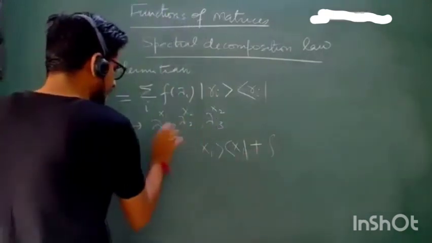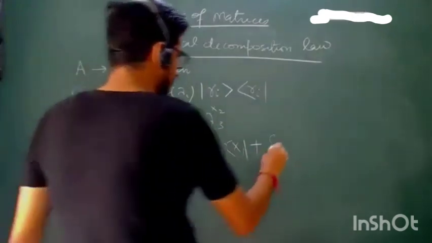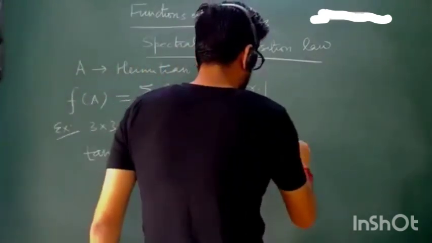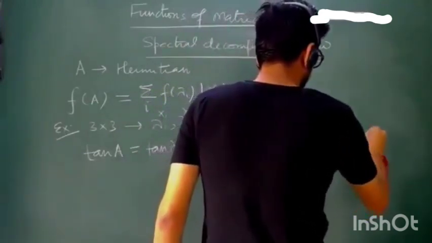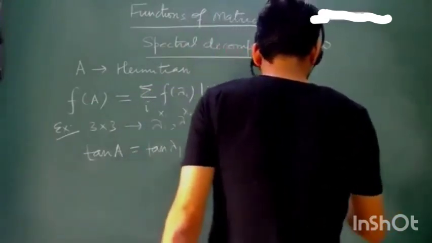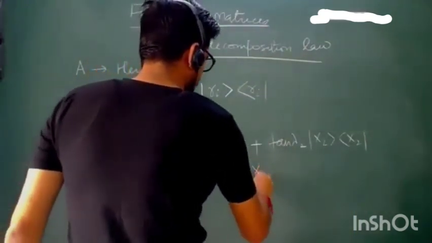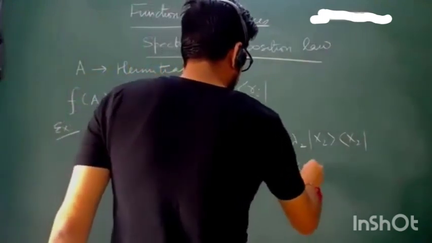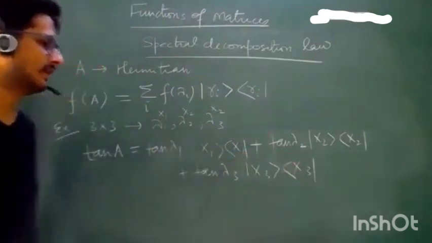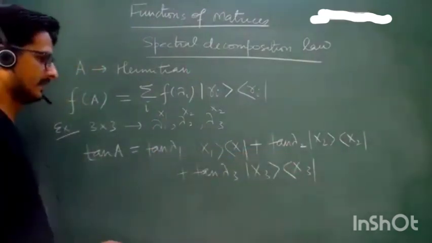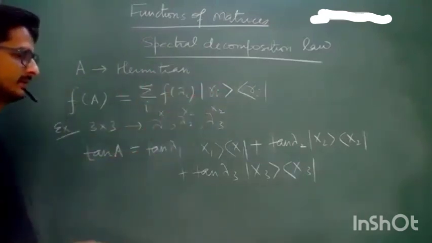And here let me write tan of lambda 1 x1, then tan of lambda 2 x2, plus tan of lambda 3 x3. So this is how it is decomposed into all these 3 eigenvectors, in the form of eigenvectors. So this is known as spectral decomposition.